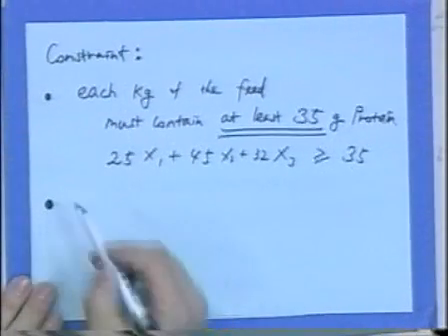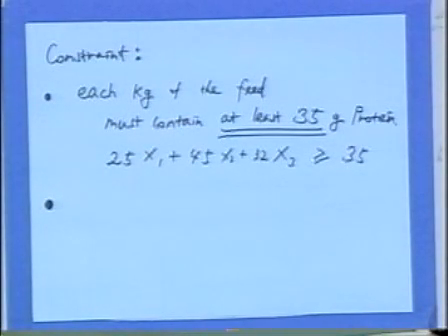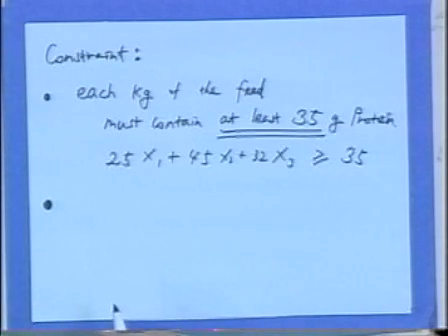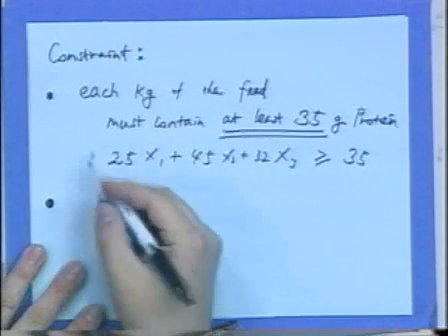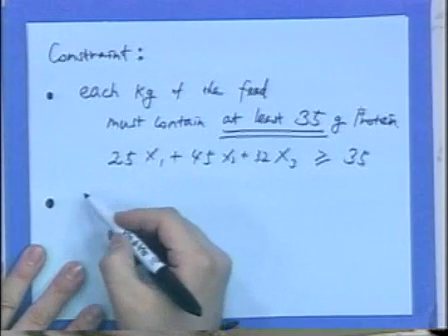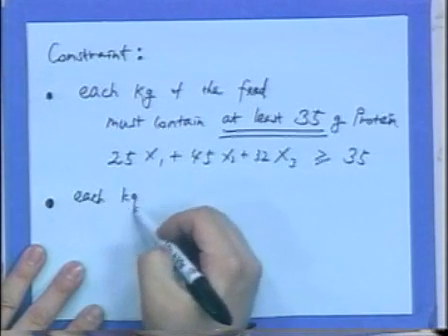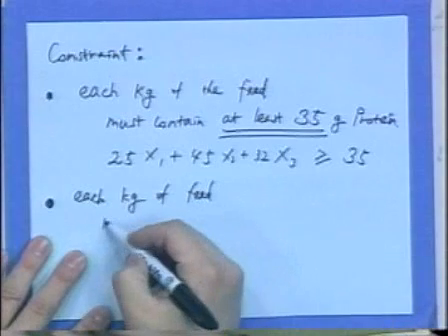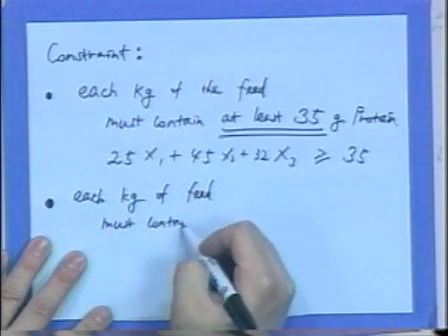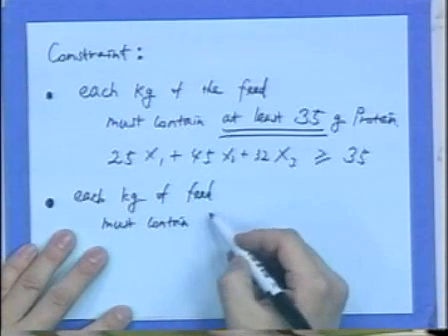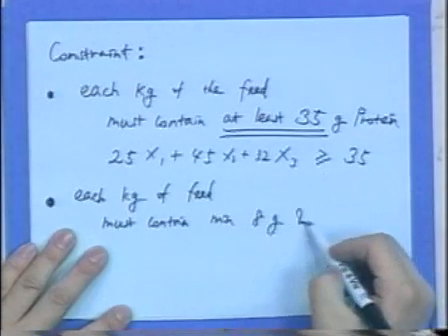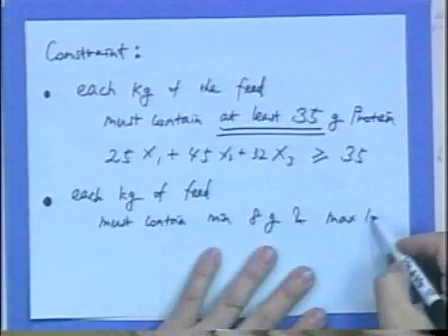The next constraint would be about fat. Each kilogram of feed must contain a minimum of 8 grams and a maximum of 10 grams of fat.